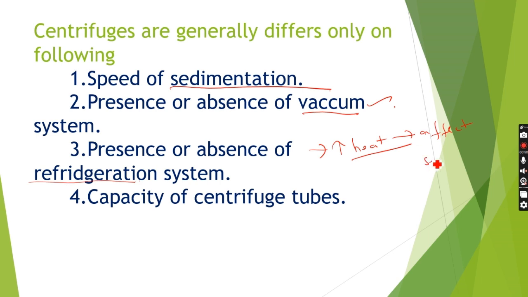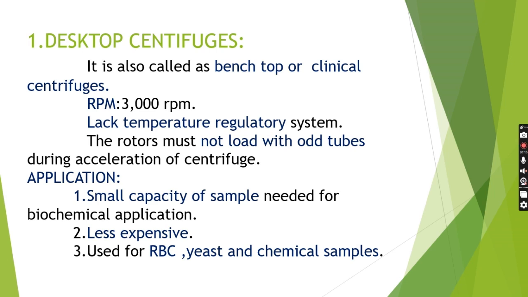This can be blocked by the refrigeration system, which blocks the heat produced by the motor. Therefore, the sedimentation can occur at a good level. Then the capacity of the centrifuge tube may also differ in these centrifuges.